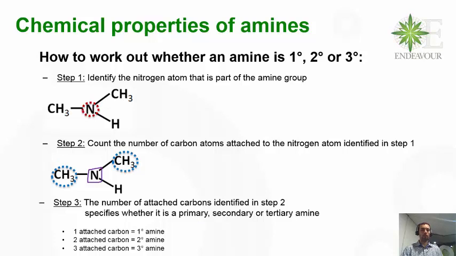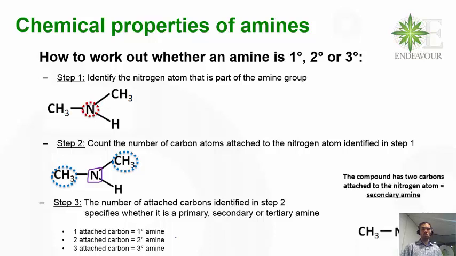If there was 1 carbon attached, that specifies a primary amine, 2 carbons attached specifies a secondary amine, and the third option, 3 carbons attached to that nitrogen, is a tertiary amine. In the case of the structure we were looking at, the compound had 2 carbons attached to the nitrogen, and therefore we can call it a secondary amine.